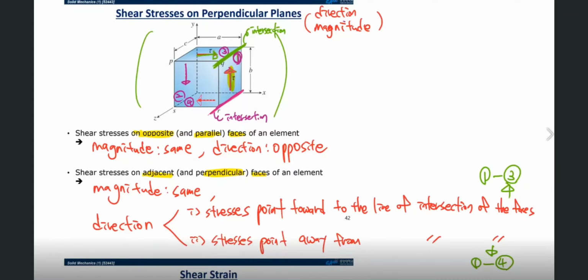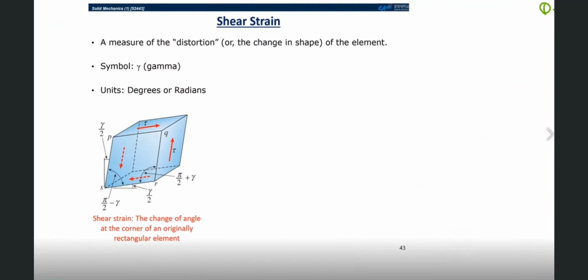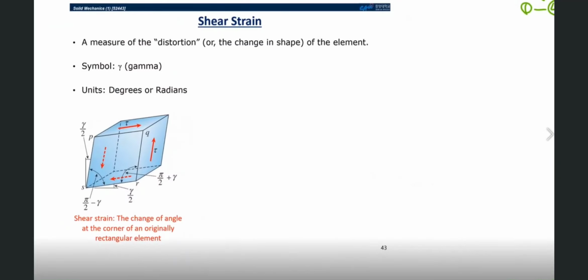Now, I'd like to move on to the next part, shear strain. It is possible to identify the shear strain by measuring the distortion, or the change of the entire shape of the element, right?